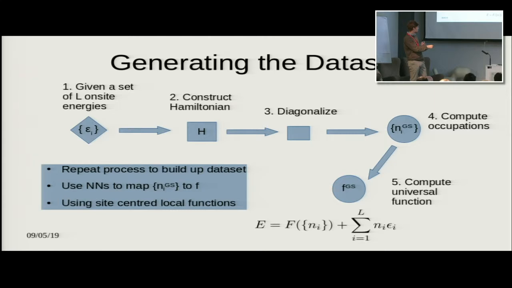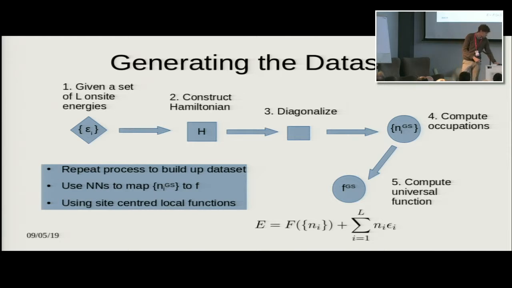Then we work out the universal function, which is the ground state energy minus the sum of the ground state site occupations multiplied by the on-site energies. We repeat this process several times to build up a data set, and then we use the neural networks to map the ground state site occupations to the ground state universal function using the site-centered local functions.